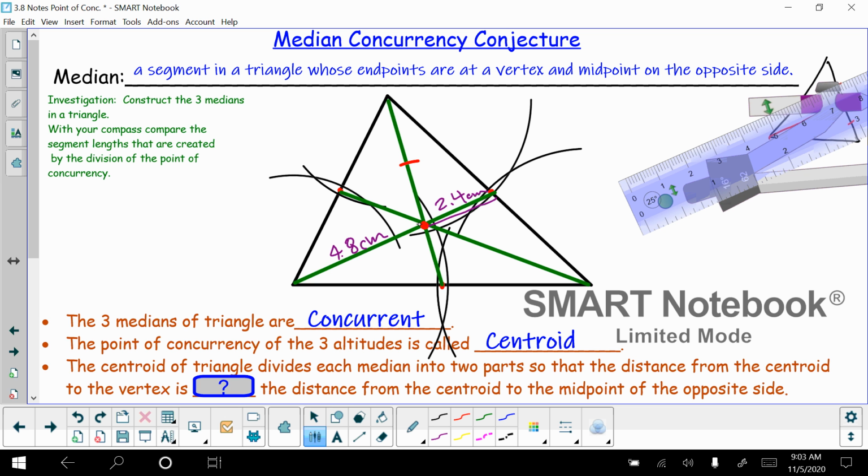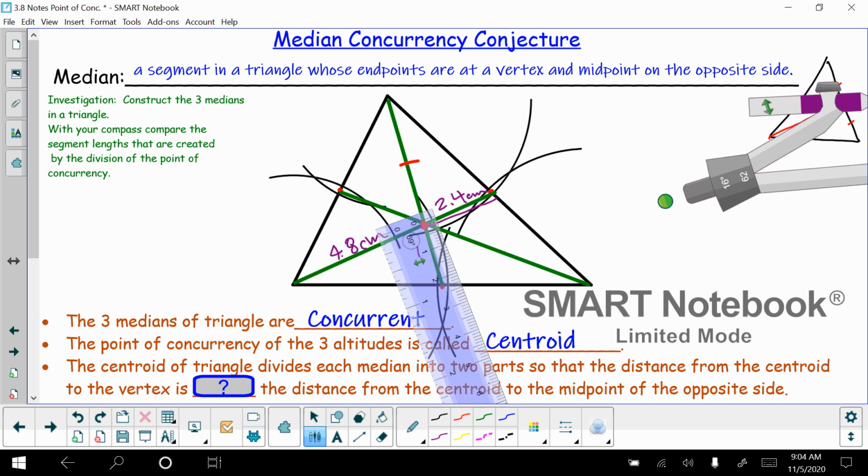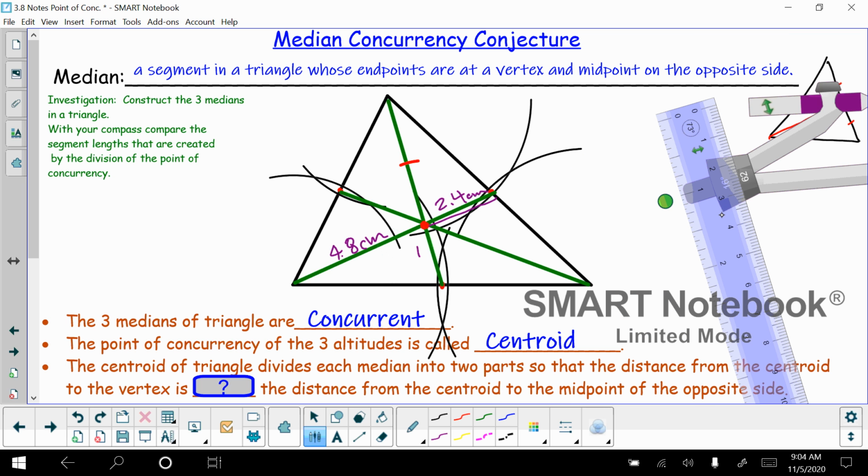It divides it uniquely. The small piece is half of this one over here. So I can't make it up, I'm going to measure. This one is about, let's say, 2 centimeters. If this one is 2 centimeters, you should know that this one has to be 4 centimeters.